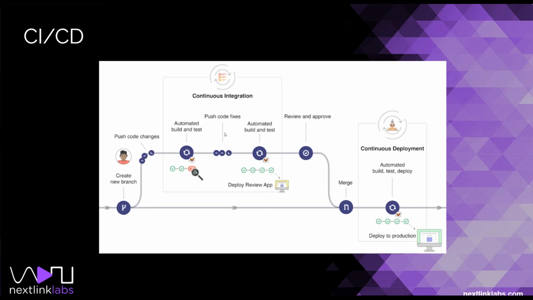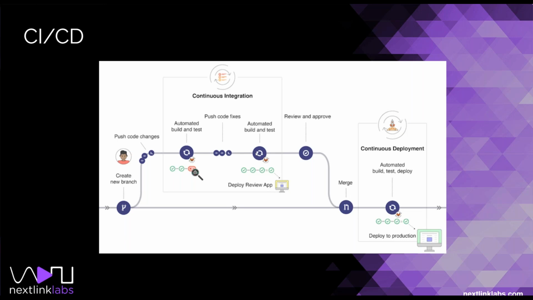When that code is pushed, a series of tests are run against it, and maybe those tests fail, and you need to make a few more fixes, and then you push those changes again. And you can see in the second time around, the tests pass, and so we deploy to a review app. This whole cycle is our continuous integration cycle.